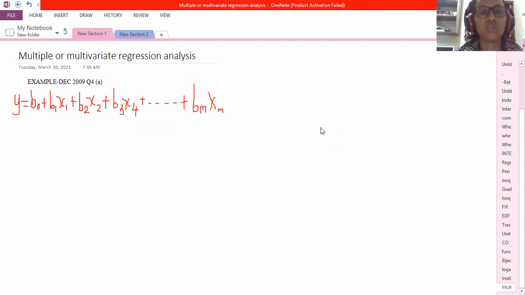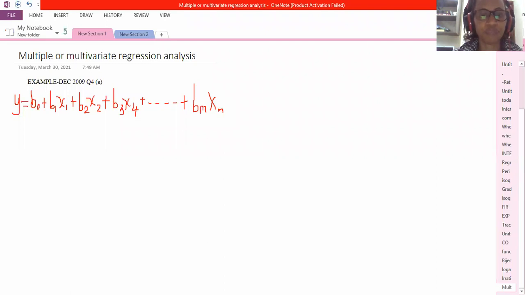And as you do so, you are able now to write down the regression analysis, noting that we have a coefficient on its own. The constant A or the constant B naught does not correspond to any of the independent variables.